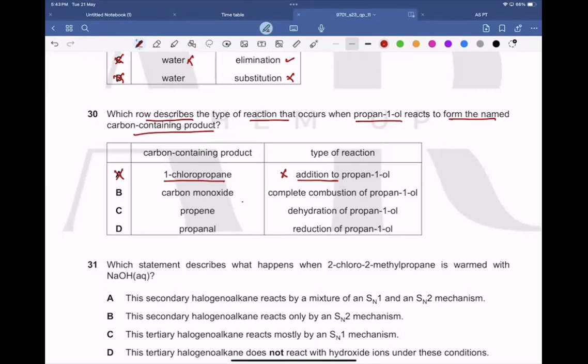So A goes wrong. Carbon monoxide: it's not complete combustion, it's incomplete combustion, so it can form carbon monoxide, so B goes wrong. It turns into propene, dehydration of propanol. When we dehydrate it, when elimination occurs, propene can be formed. Propanal is an aldehyde, and an aldehyde is formed by the oxidation of alcohol, not by reduction. So D goes wrong as well. So C is your correct answer over here.